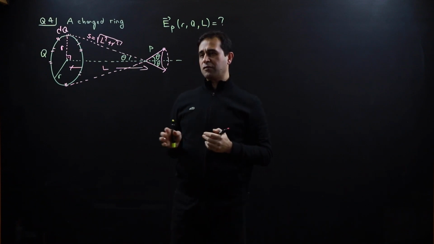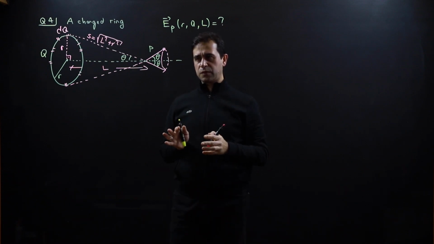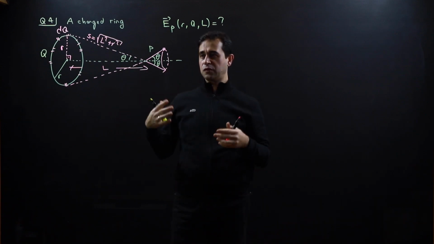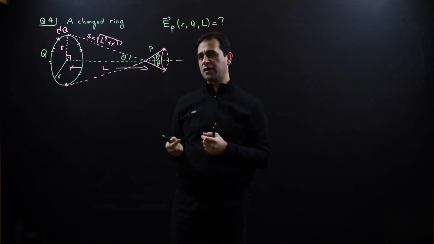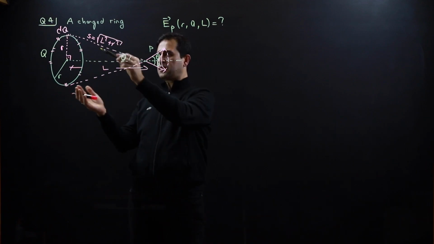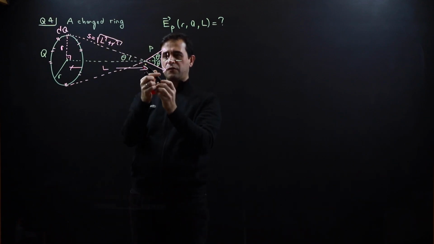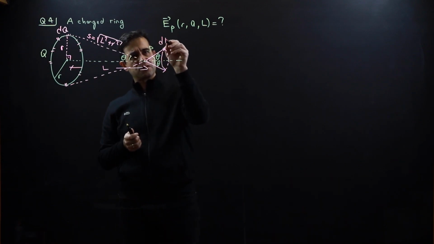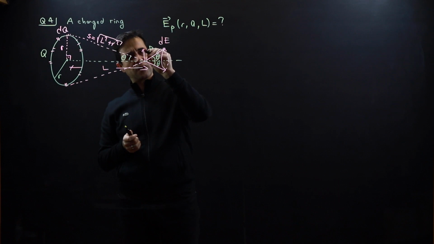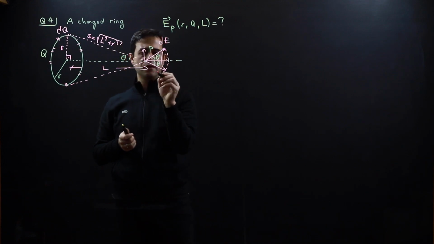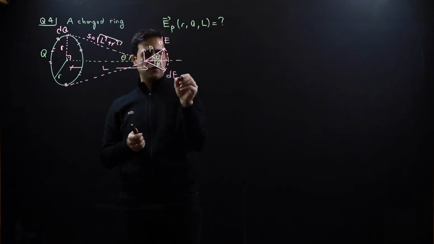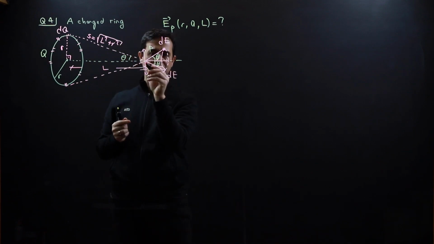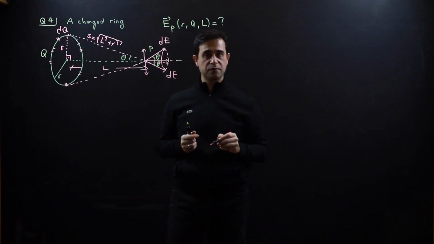Now I'm ready to use the symmetry of the problem to see what the direction is. It's kind of obvious: if I look at symmetric versions of these, the y component of this dE is going to point up and right, and the y component of the one at the lower part is going to point down, but the x component will also point right.